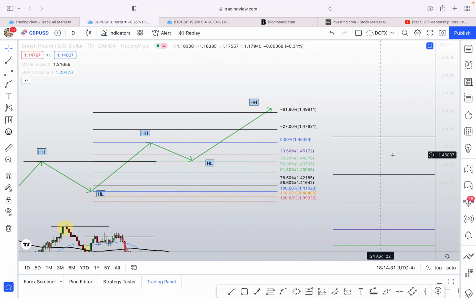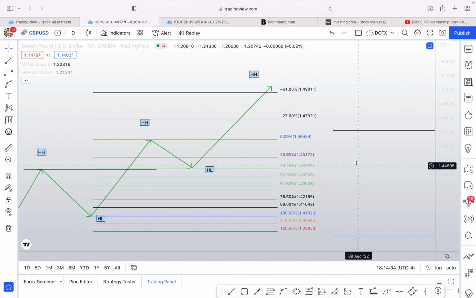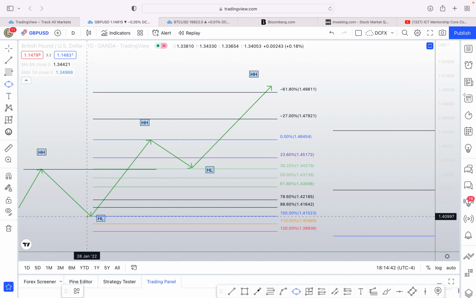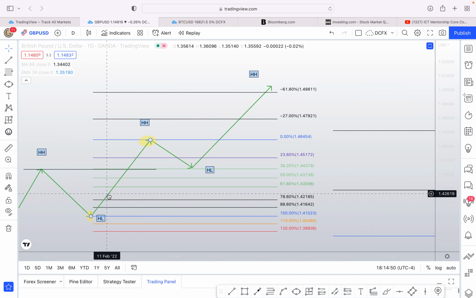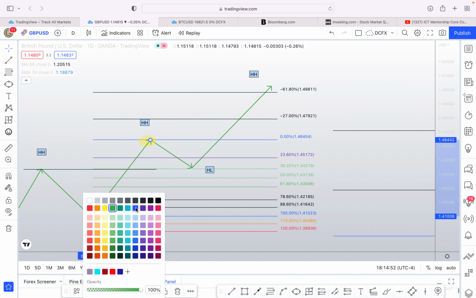Now let's break this down. It can be used both ways, but right now I'm going to show you how to use it on the uptrend. First things first, this happens first. Let's change this to blue.